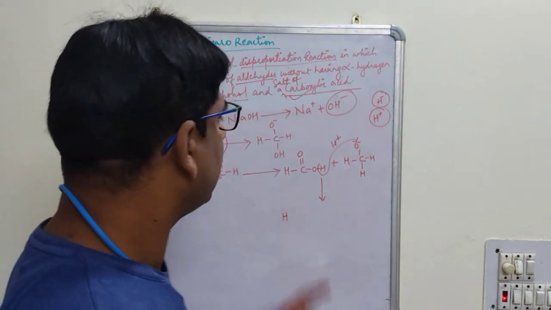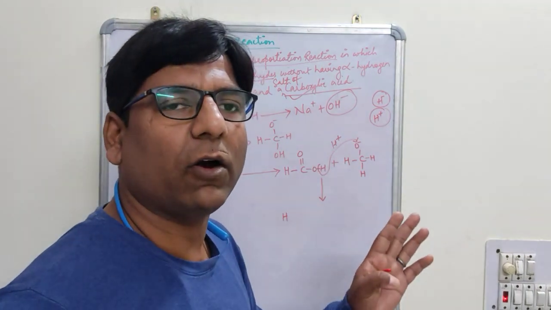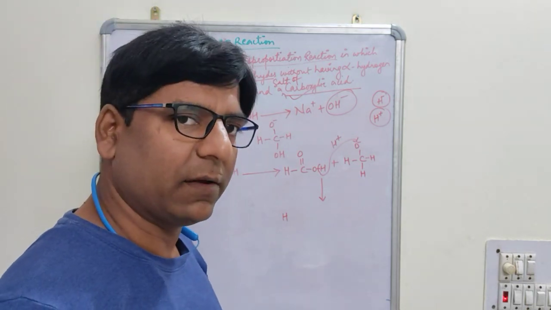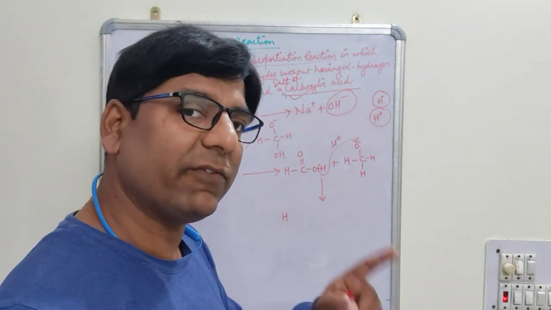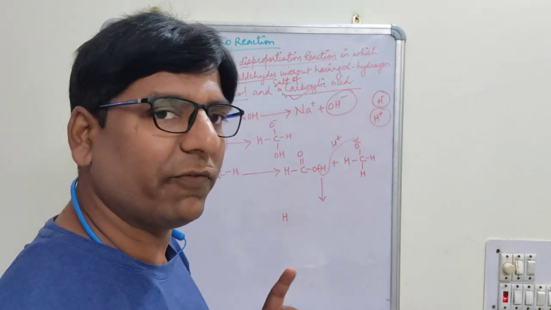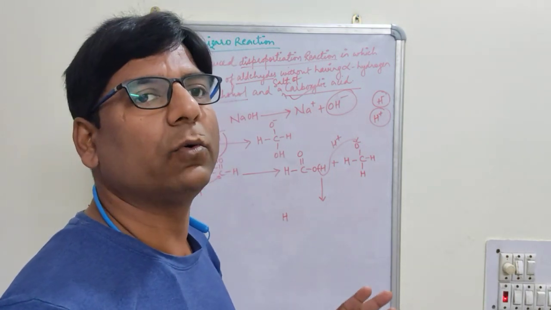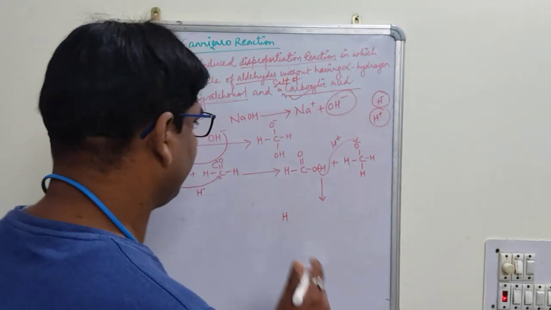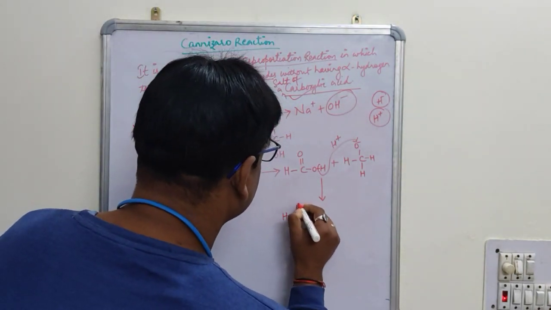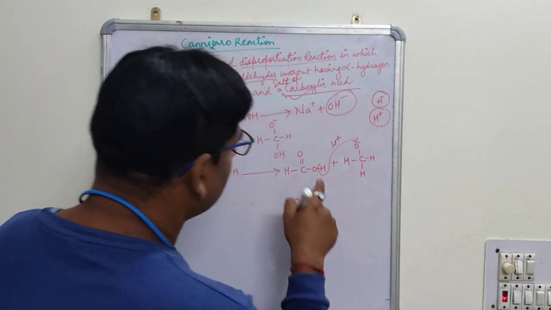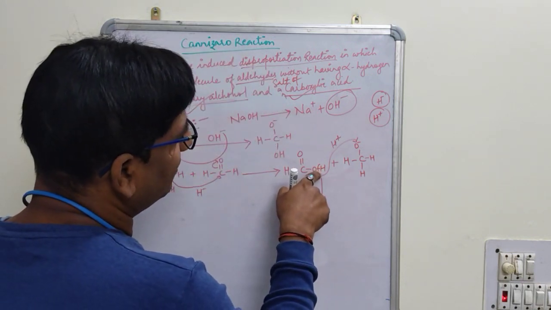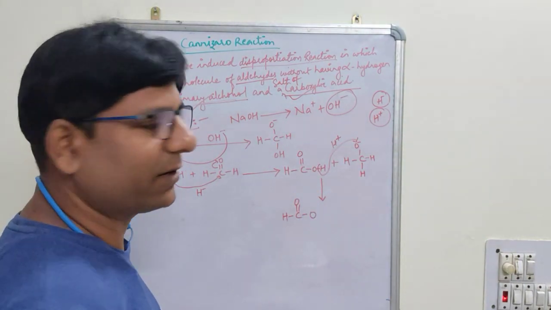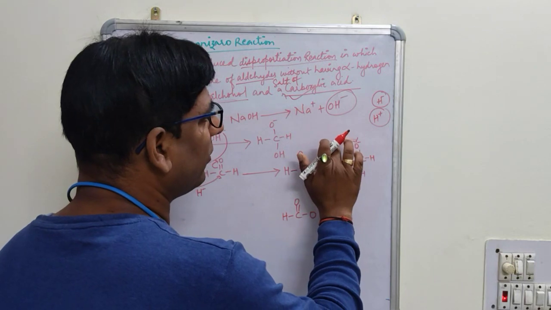And I told you students, whenever a particular species is going out in the form of a positive charge, it will leave behind negative, and vice versa. Means if it is going out in the form of a negative, it will leave behind positive. Always remember, these are the basic rules for organic chemistry, for writing any reactions. So here it will be H, C, double bond O. Here it is O. Now from here this bond has been broken, and this H is moving out by taking only its own electron, and it is going in the form of H plus.